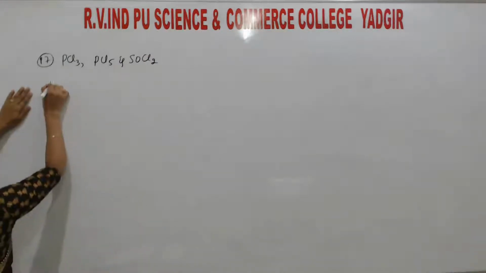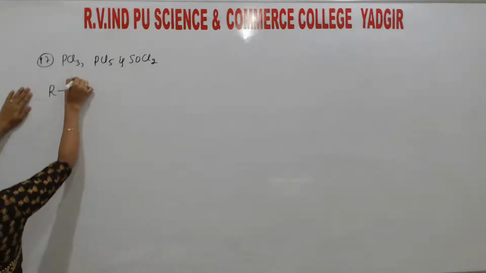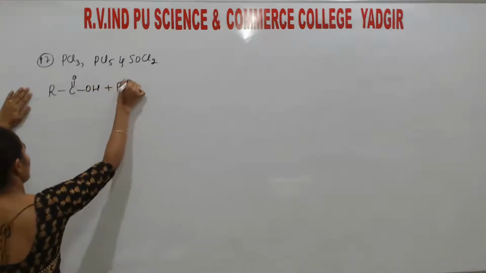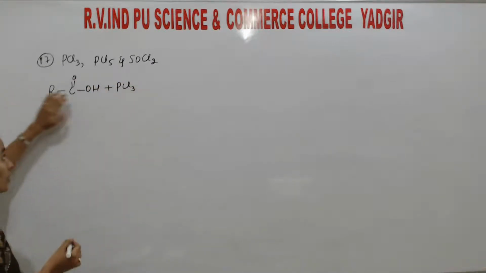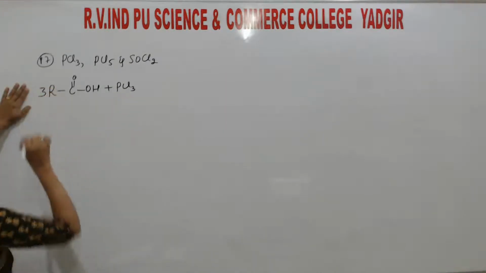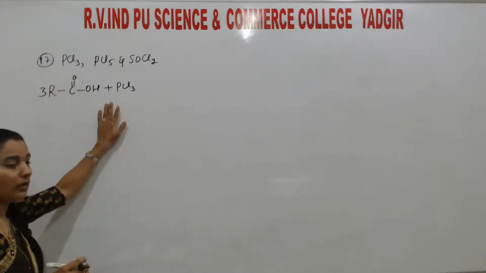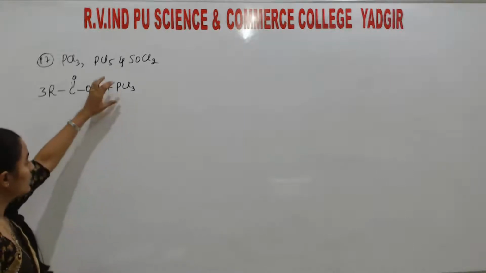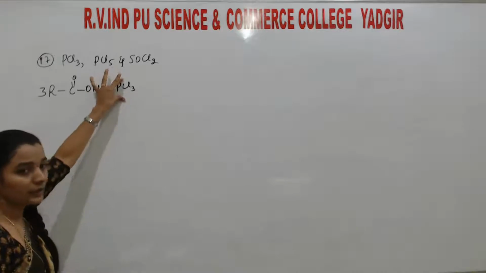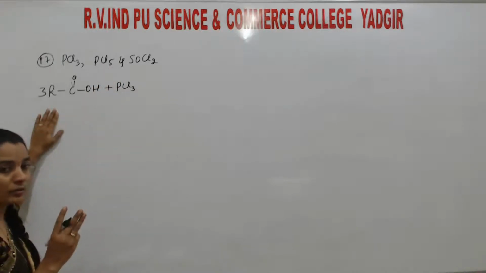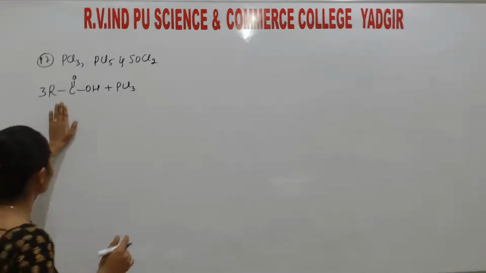First, take carboxylic acid with PCl3. Remember students, wherever you use PCl3, the reactant requires 3 moles, no matter whether it is alcohol or anything else.